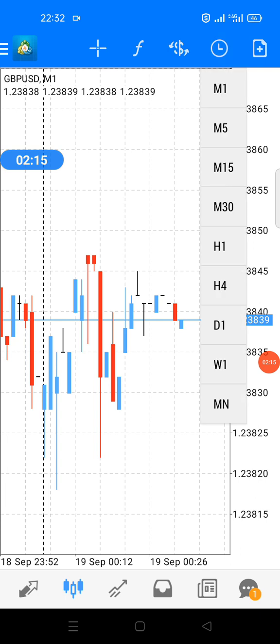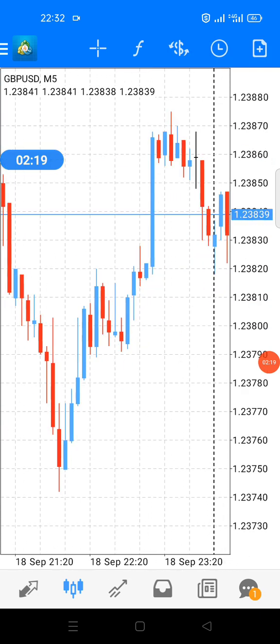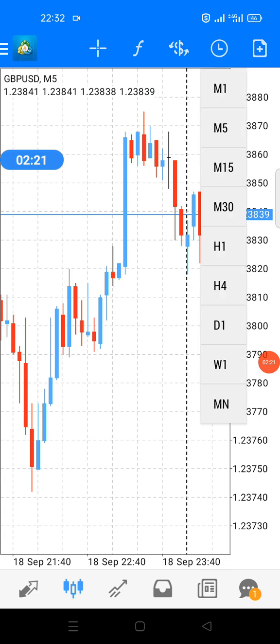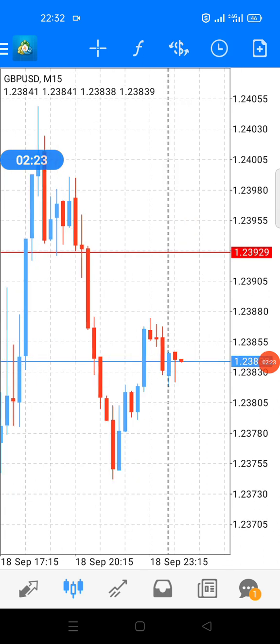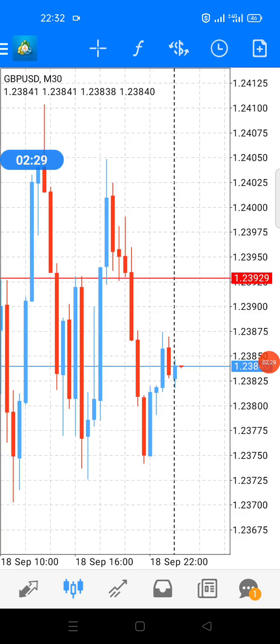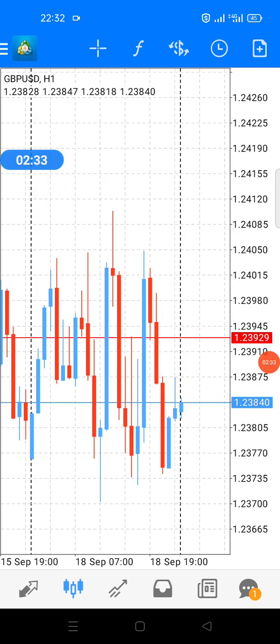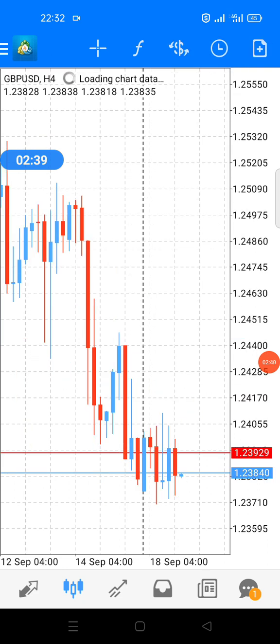Now, let's move ahead. The next time frame is 5 minutes. It means that each of the candlesticks is formed in 5 minutes. 15 minutes means that each of them is formed in 15 minutes. M30 means that each of them is formed in 30 minutes. H1 is formed in 1 hour. H4 means that each of them is formed in 4 hours.